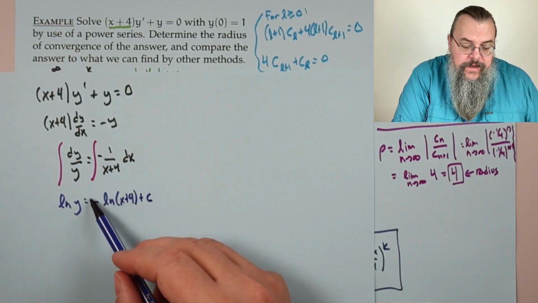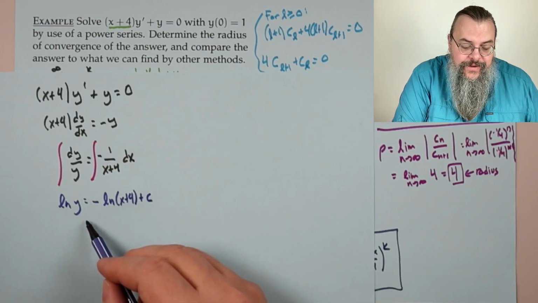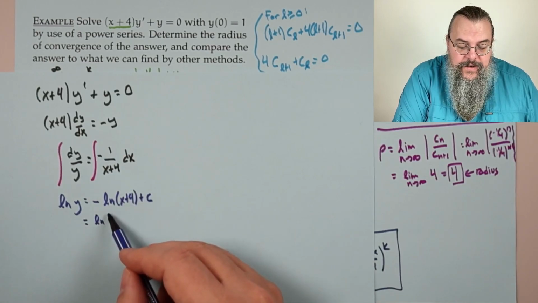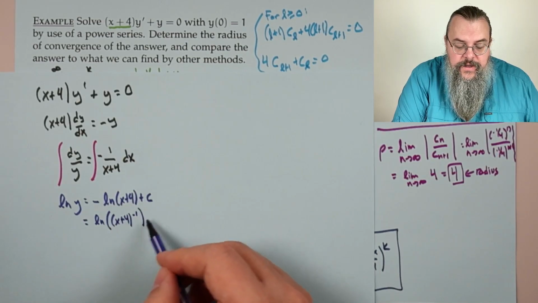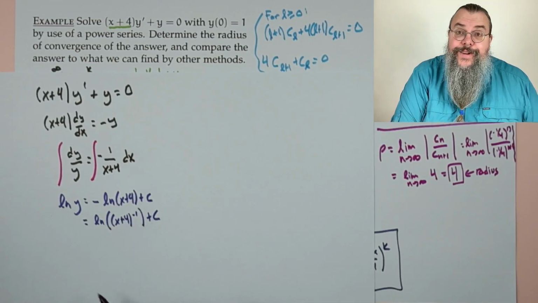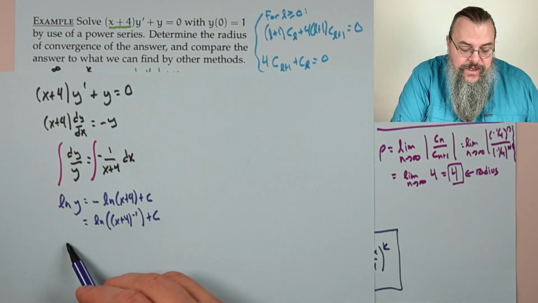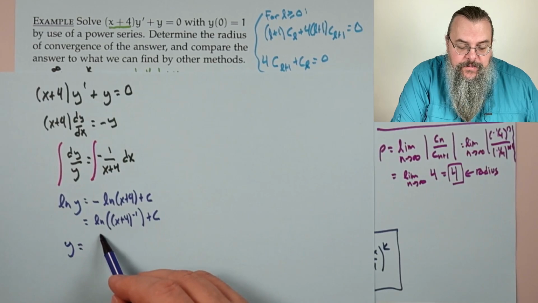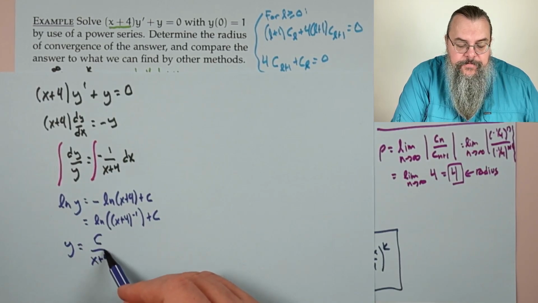This negative in front can go in as an exponent, so this is the same as log of (x plus 4) to the negative 1 plus c. Putting both sides into the exponential function, we end up with y equal to some constant c over (x plus 4).